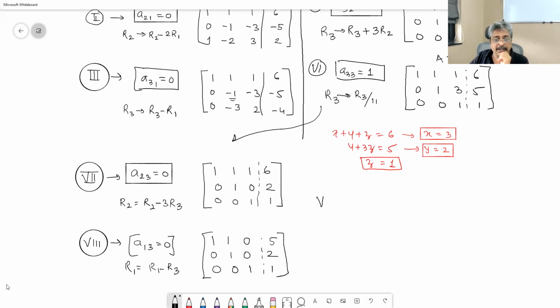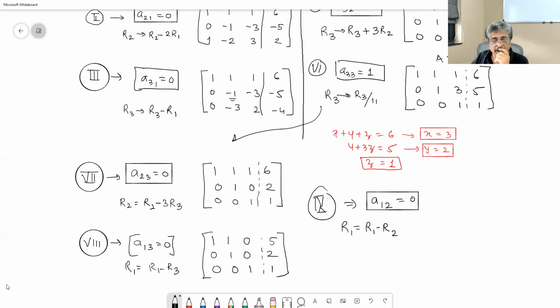And the 9th step is to make A12 equal to 0, and we can do that by subtracting R1 equal to R1 minus R2.